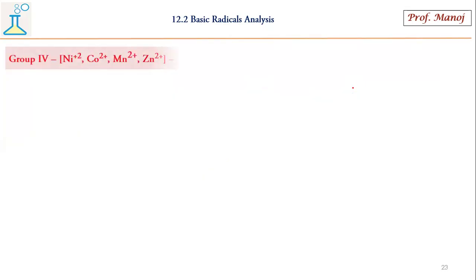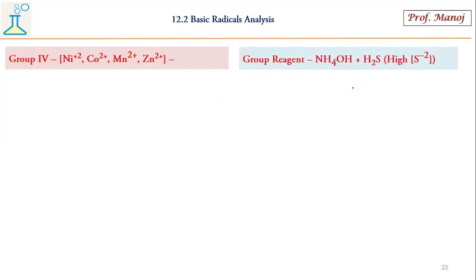We have total 6 groups, so we are left with group 4, 5, and 6, and that will complete our chapter. Group number 4 contains a bunch of radicals: nickel, cobalt, manganese, and zinc. We need H2S gas over here for reaction, and to increase the concentration of sulfide, they add ammonium hydroxide in it.